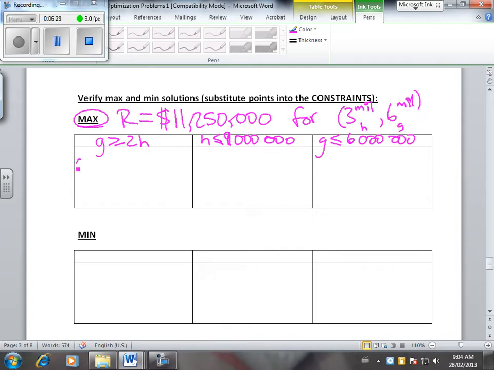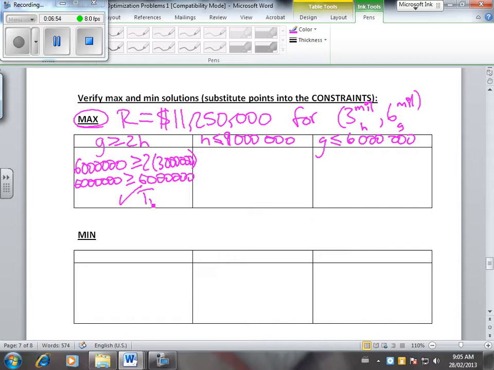So we fill in our 6 million greater than or equal to 2 times 3 million. And let's see, so we'd have 6 million is greater than or equal to 6 million. Is that true? Is 6 million greater than or equal to 6 million?